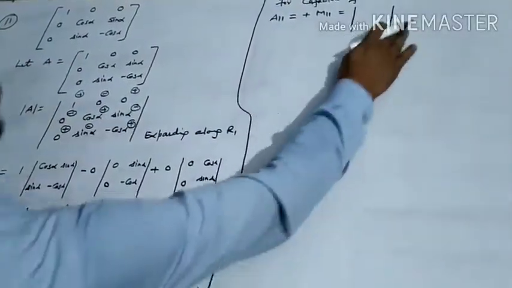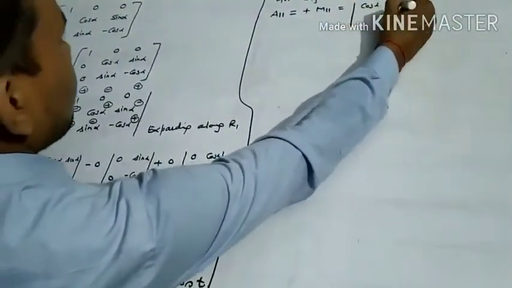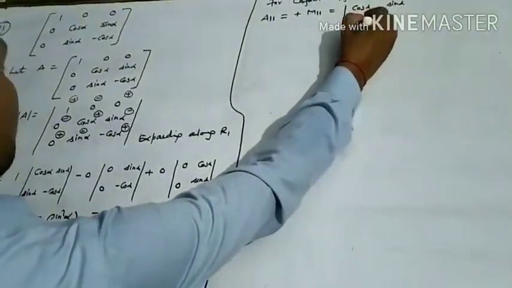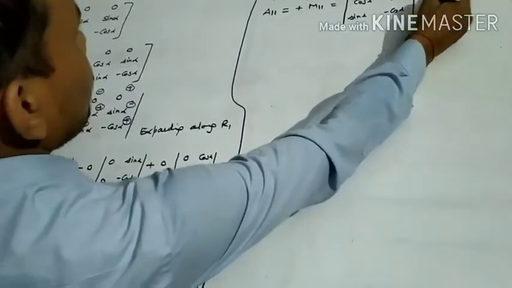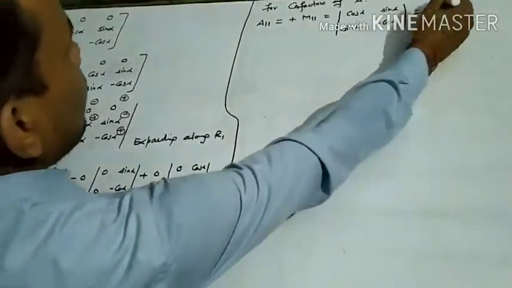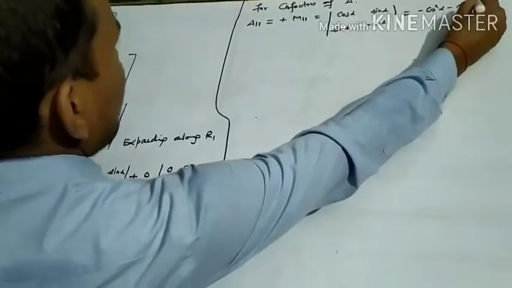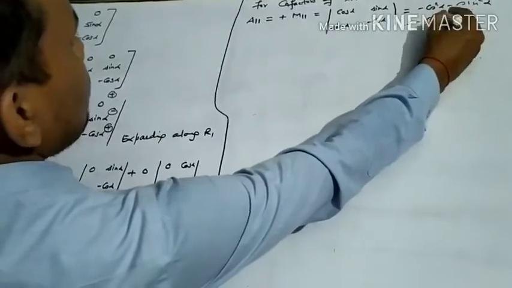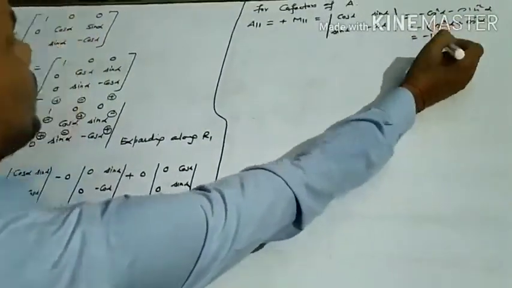So what we will get is cos alpha, sin alpha, sin alpha, minus cos alpha. This is equal to minus cos square alpha minus sin square alpha, or minus, taking it out, sin square alpha plus cos square alpha, which is -1.